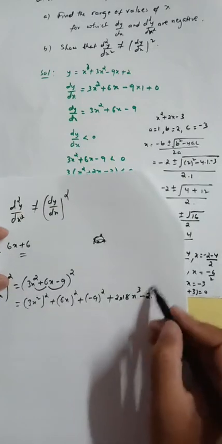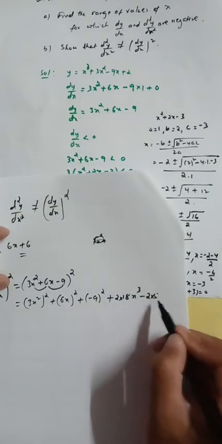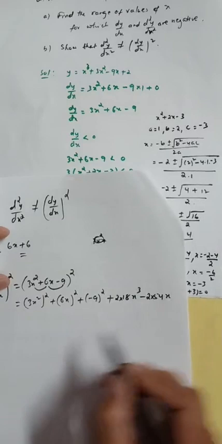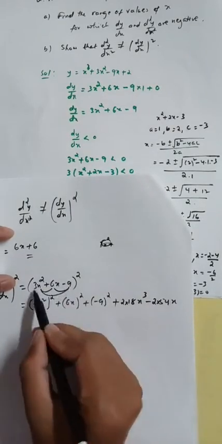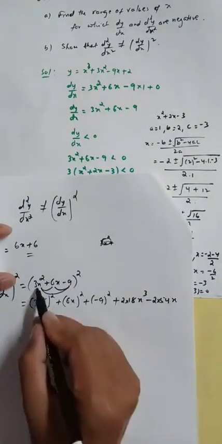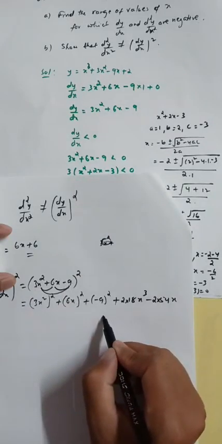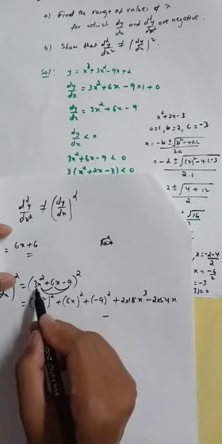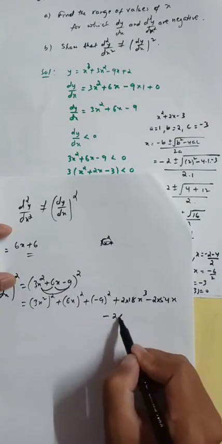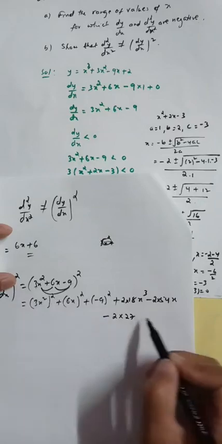So 2 times 54 is 108 x, negative. Then the last cross term: positive times negative gives negative, 3 times 9 is 27, times 2 gives 54 x square.